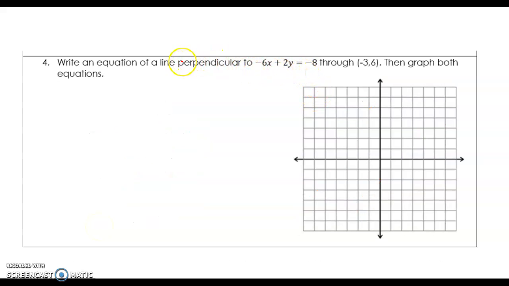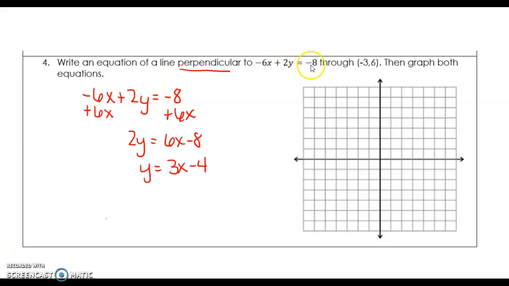All right, so this one needs to be perpendicular. This is not in slope-intercept form, so I'm going to go ahead and write it in slope-intercept form. When I write this in slope-intercept form, I actually get y equals 3x minus 4. I need to know my new slope, and since it's perpendicular, the opposite reciprocal.